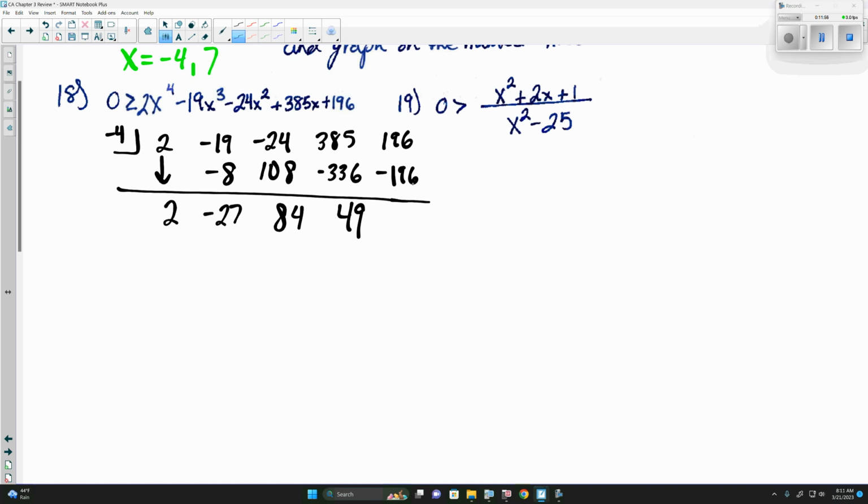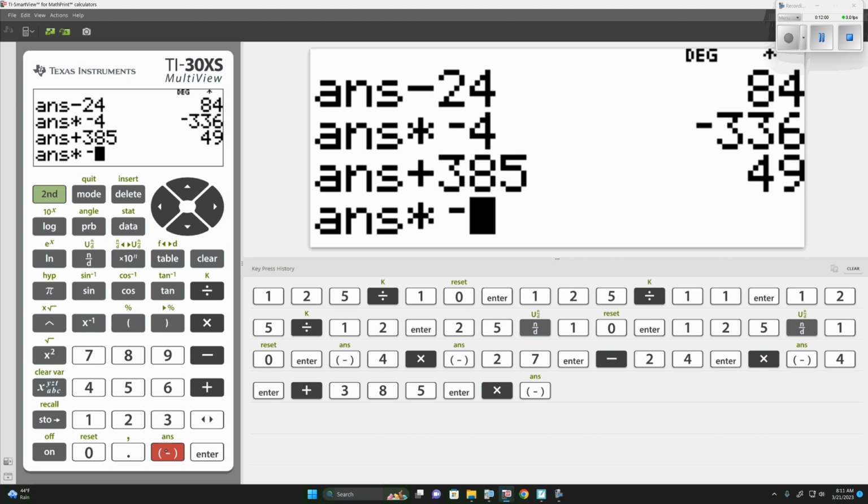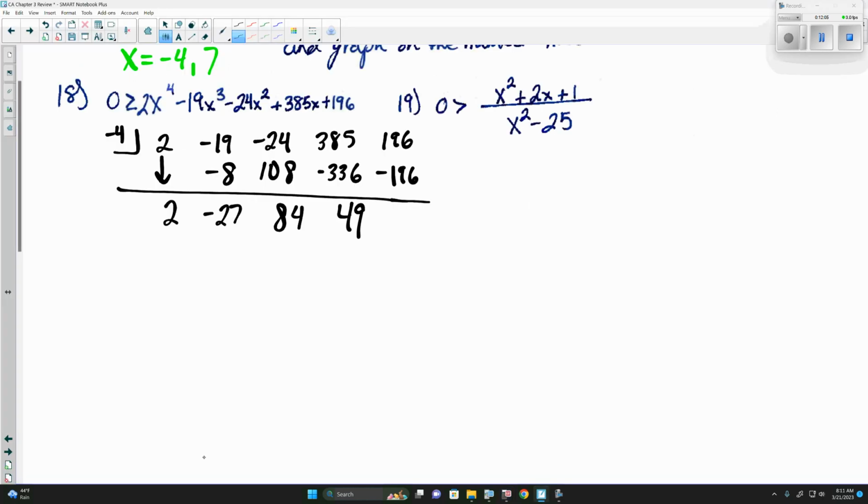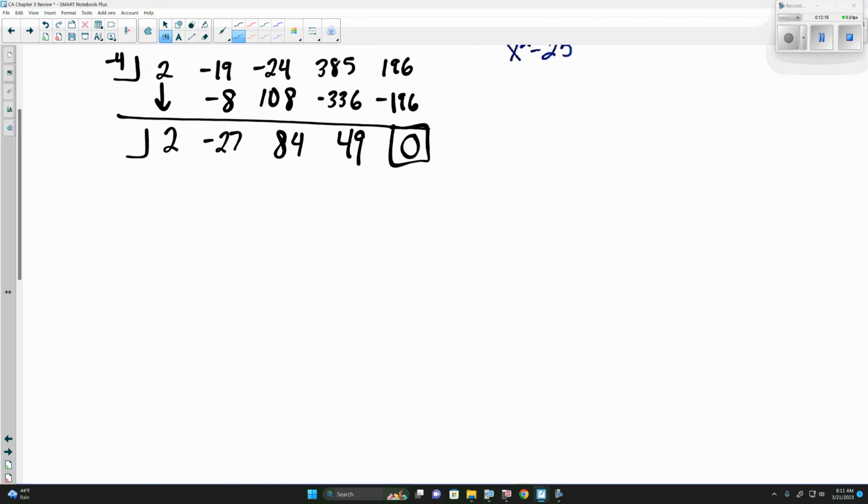It's not so much knowing what it is, but we know that the remainder of this should be 0. So if we did this correctly, -4 times 49 should be -196. So that's one of our solutions. So we've taken it from a quartic, a degree 4, down to a degree 3.